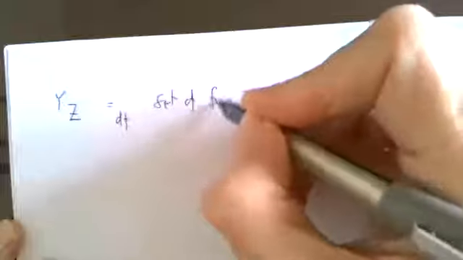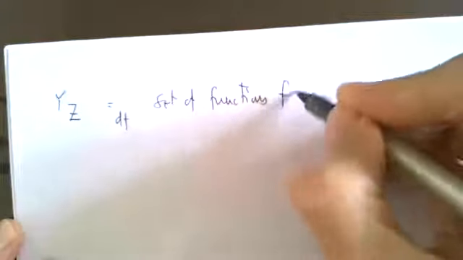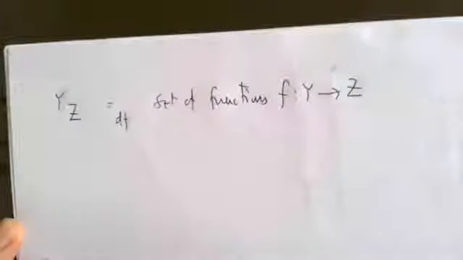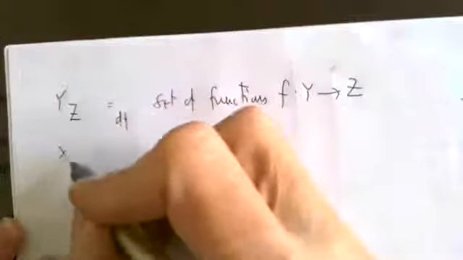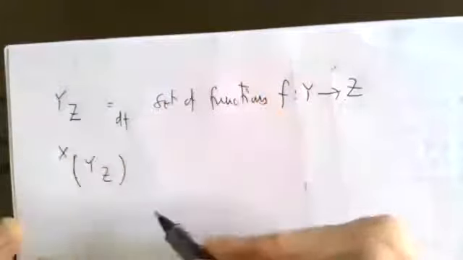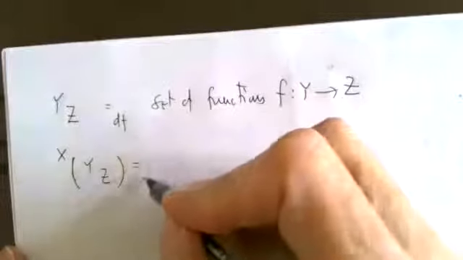Someone asks about the collection of functions. So this is by definition a set of functions f from y into z. And they're asking about the nature of this, how we can write it down. Well, you just keep a cool head.